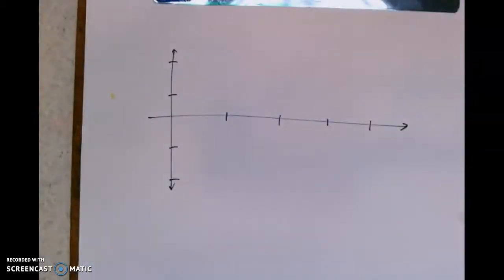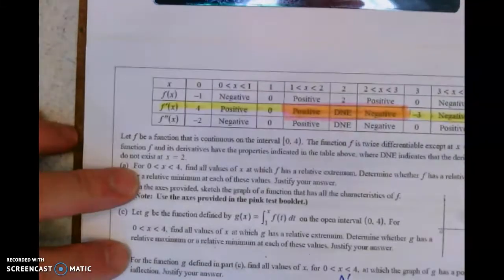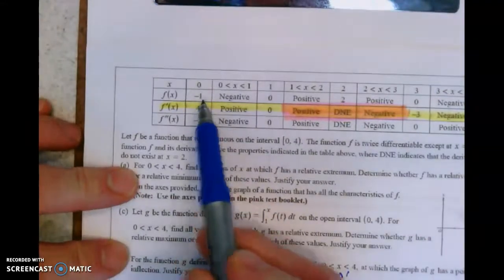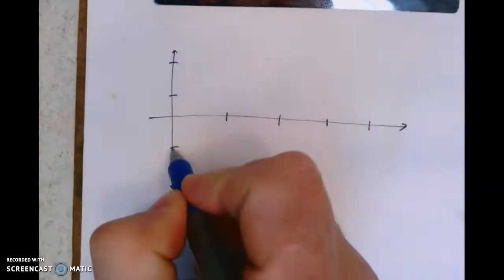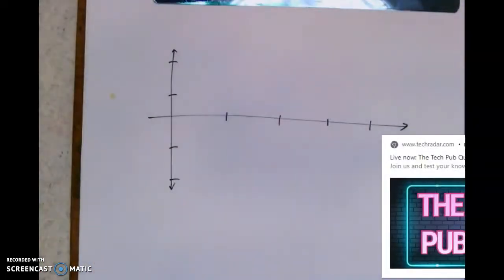Okay. We're going to sketch the graph here. I gave you a little bit bigger axis. This tiny little axis is not enough. So to sketch the graph here, we're always going to start with our x, y coordinate points. So we're looking at these points right here: 0, negative 1; 1, 0; and so on and so forth. So I'm going to plot these points. Let's make them in hot pink.